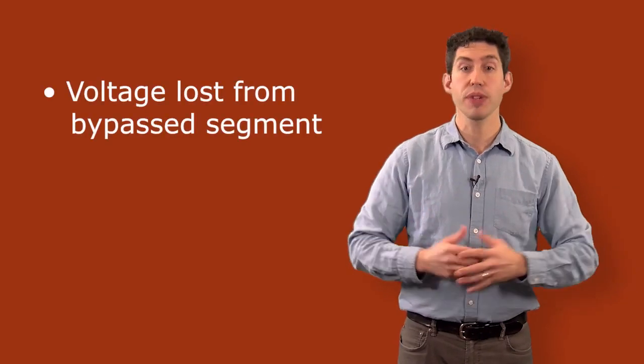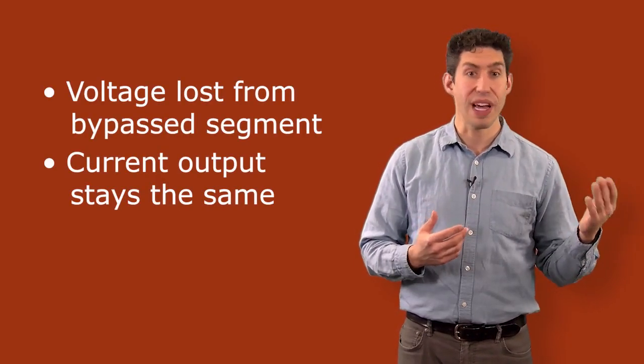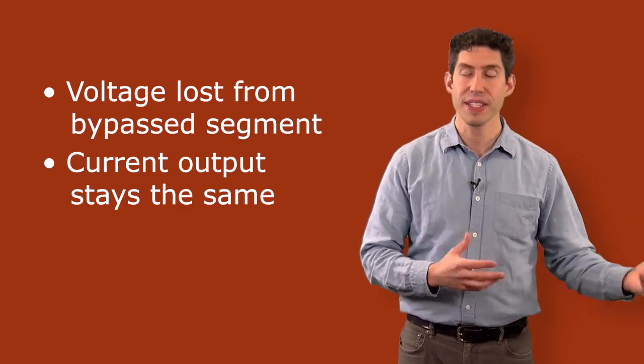The voltage will decrease according to the number of cells that are removed from that segment, but the current will not go down since the cells are wired in series. If diodes weren't used, the current would backfeed, and instead of that cell producing current, it would essentially absorb or take in that current, which could potentially overheat the whole module.